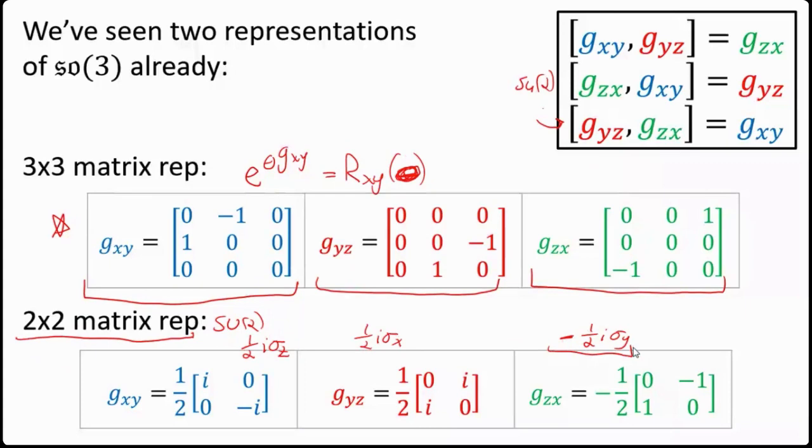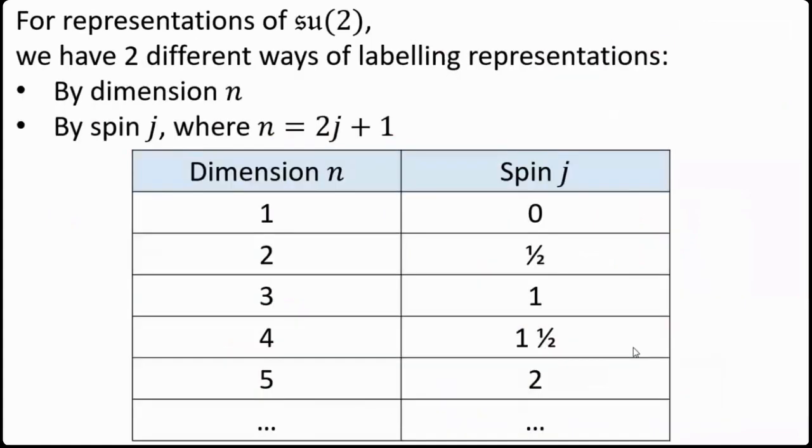And it turns out you can get 4-dimensional, 5-dimensional, 6-dimensional representations. Now, I guess physicists did this, and maybe math people sort of copied them, but when we have representations, you can either label them by dimension, so a 1x1 matrix, a 2x2 matrix, that would be SU2, a 3x3 matrix, that would be SO3, a 4x4 matrix.